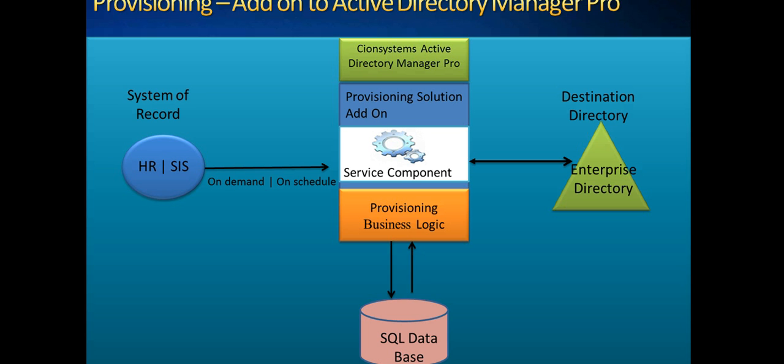The provisioning engine has two service components. One accepts the source file and maps the source transaction file with the master data, and creates the records ready for the destination service to provision directly into the directory.